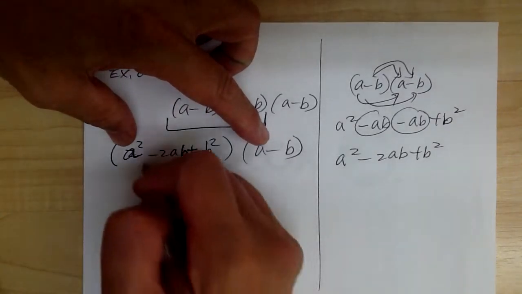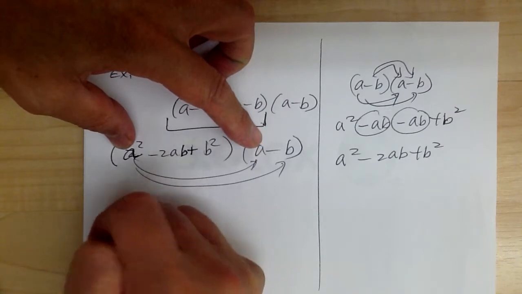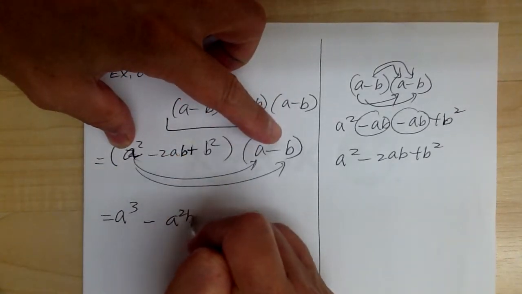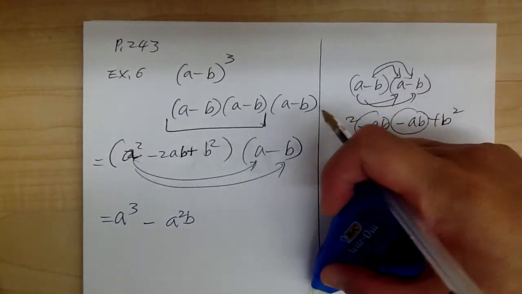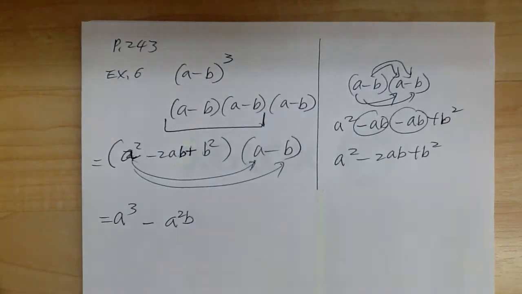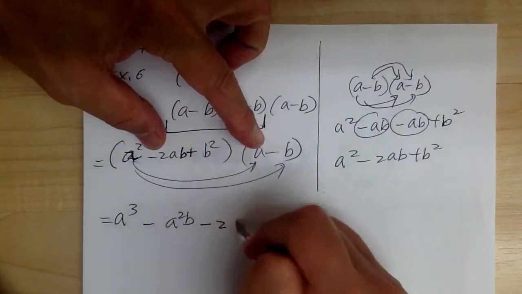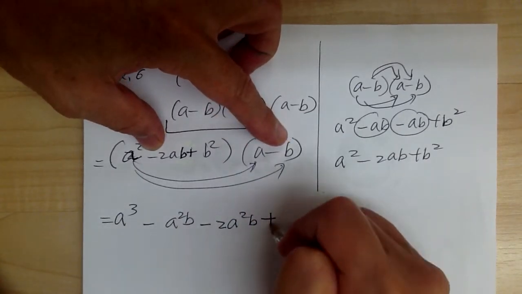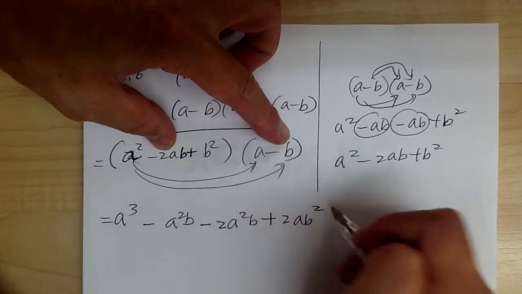So I can use this to multiply. So a cubed, so this is a cubed minus a squared b. So I'm done with this one, and I'm going to go to the next one. I'm going to do this one next. So again, sign, number, alphabet. And this one, sign, number, and alphabet.